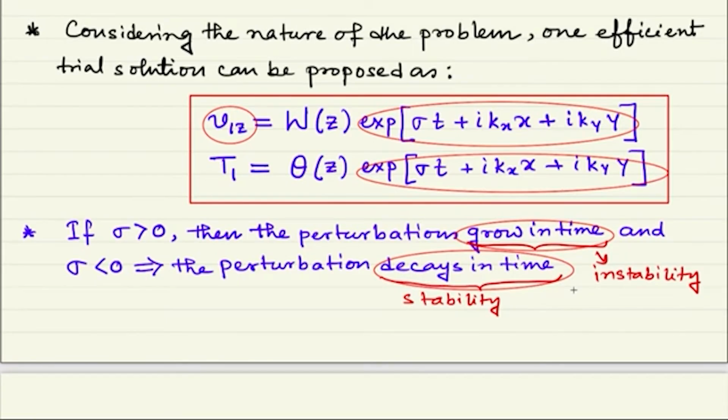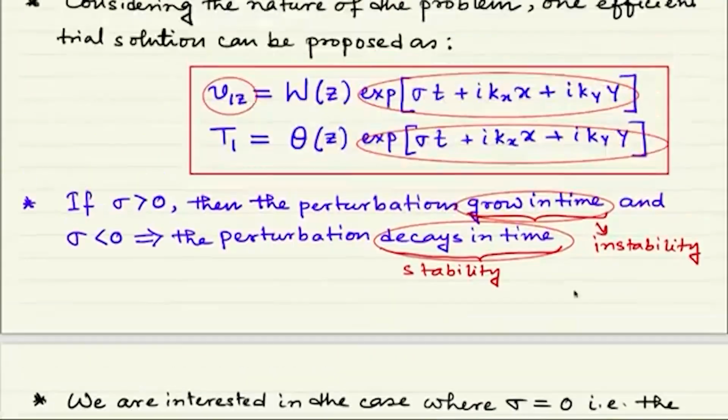That means exactly the condition where the solution is not automatically growing or decaying just due to its explicit time dependence. So sigma positive means instability, sigma negative means a decaying solution. Actually, to be very honest, it is not actually stability.